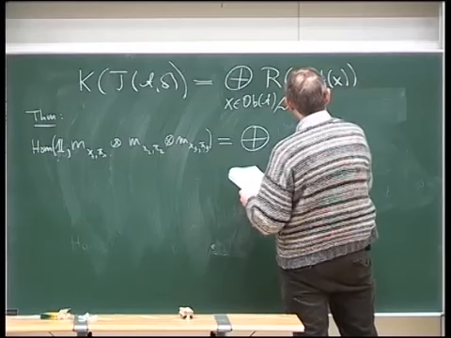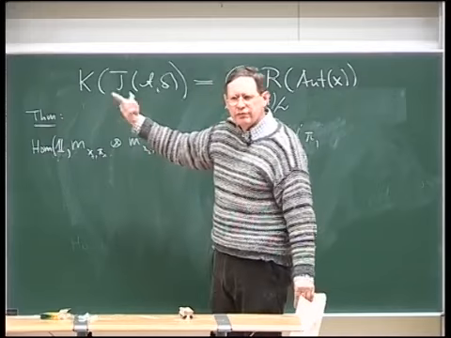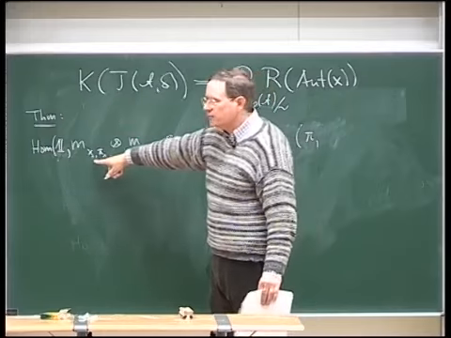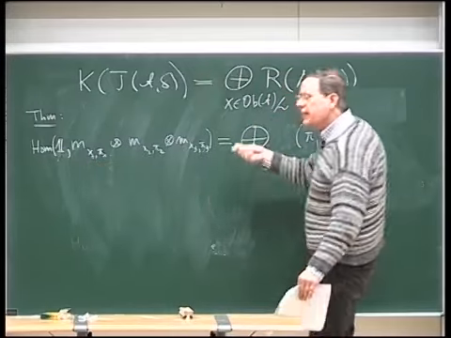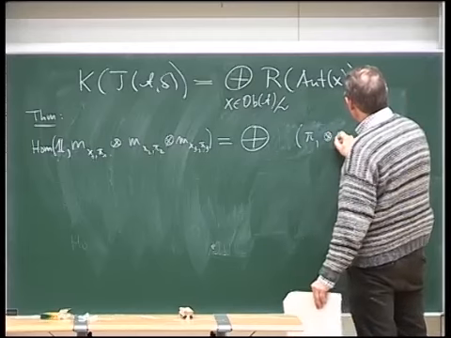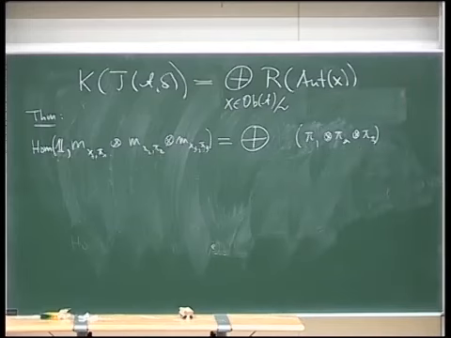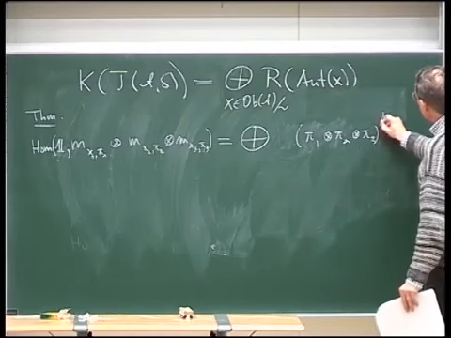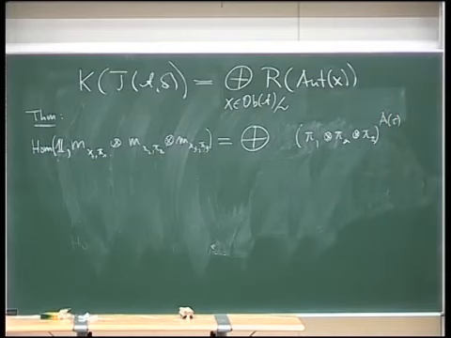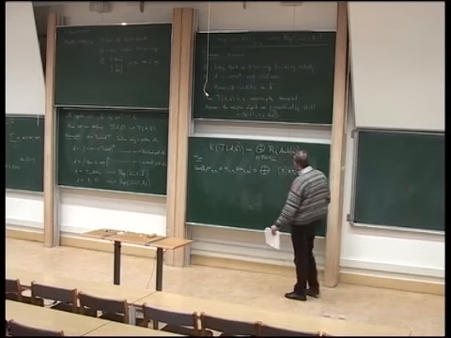You take pi1. This is actually a representation of a known finite group, right? The automorphism group of x1. Therefore, it acts on some vector space, and I identify pi1 with its vector space. Therefore, I take now the tensor product of these three vector spaces. And later on, some group A of R will act on this, and I take the fixed points. And that is what the direct sum is over.